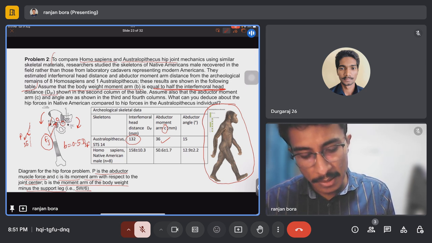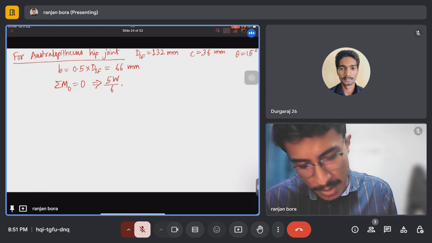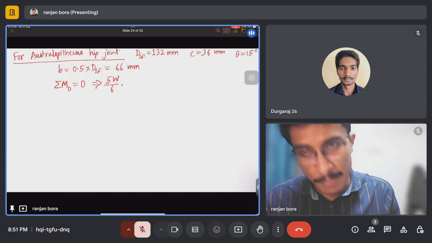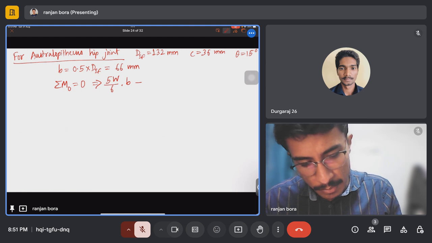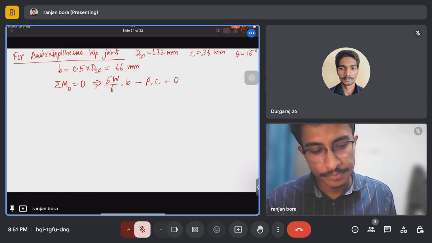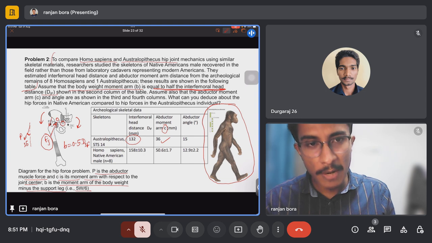So we are taking clockwise moment as positive, so it will be 5W by 6 multiplied by, what is the moment term? Moment term is B, minus P dot C equal to 0. About the point O, there will be no moment due to this force Fj.